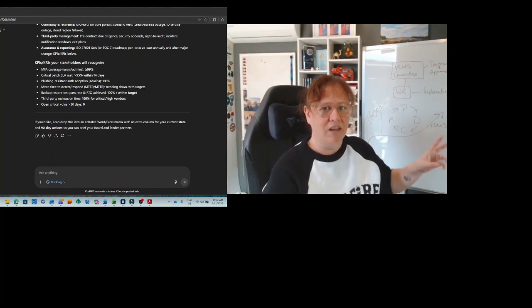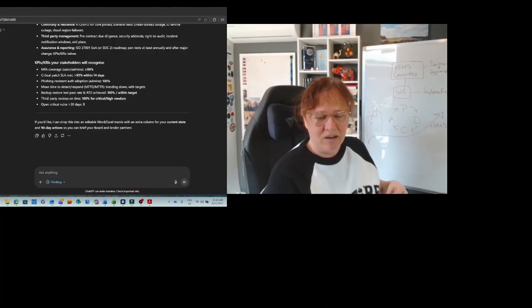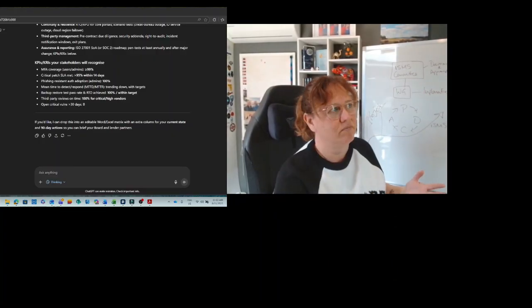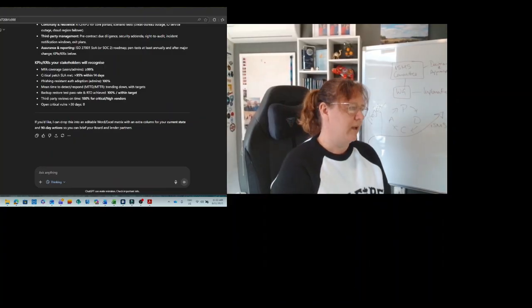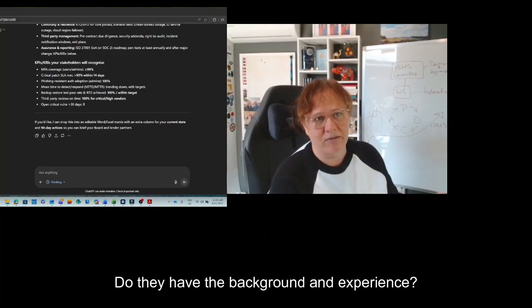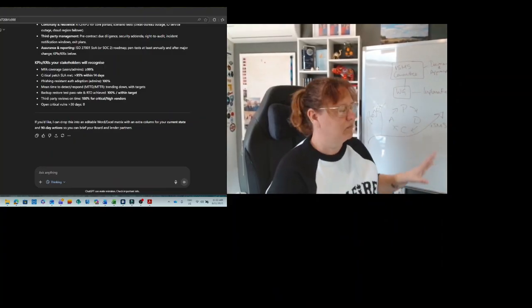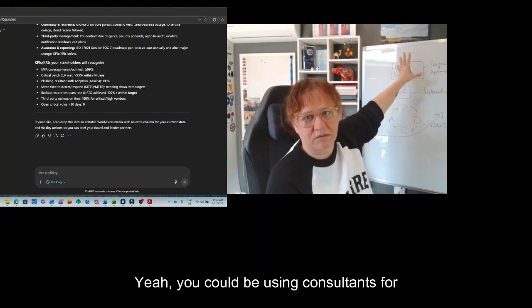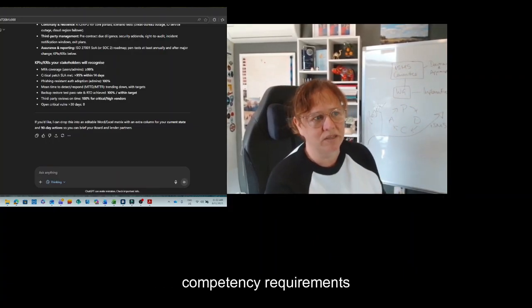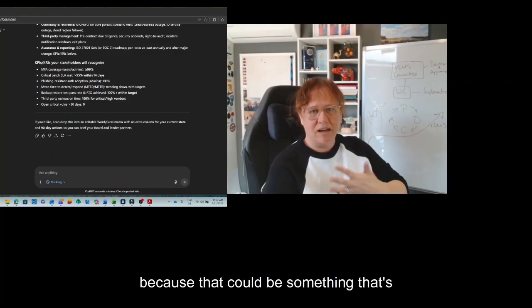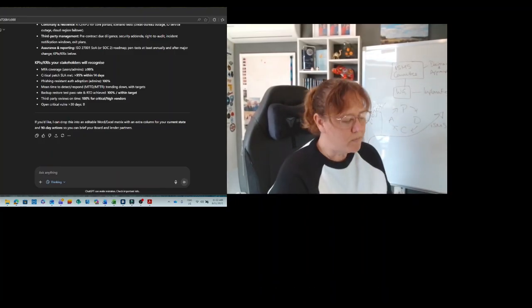And within this group, do we have the right skill sets and capabilities to actually implement? Have these guys been placed on a 27001 implementers course, for example? Do they have the background and experience? You could be using consultants for both of these layers to demonstrate that you've got the right competency requirements, because that could be something that's built over time.